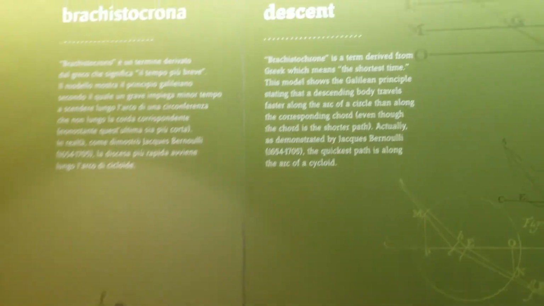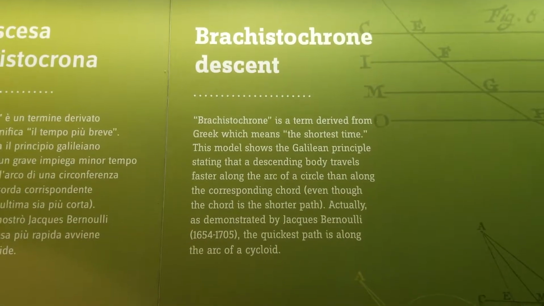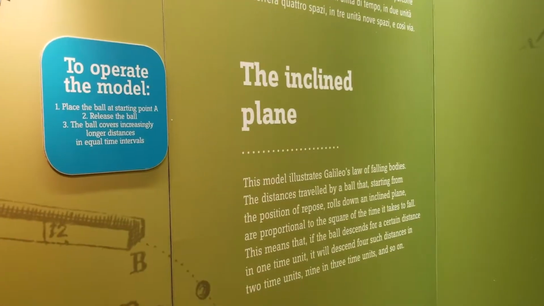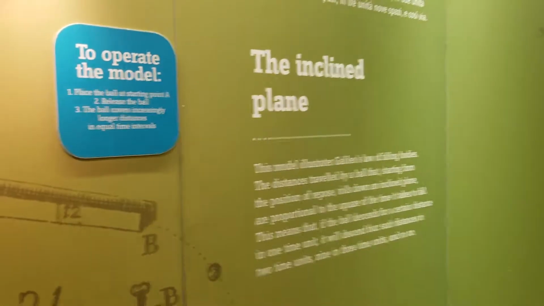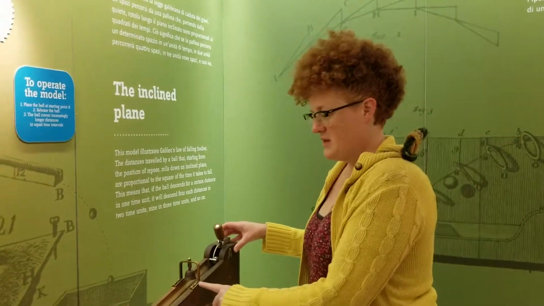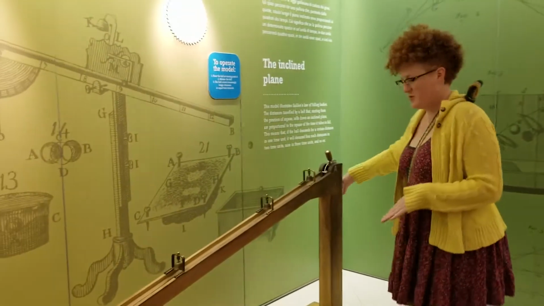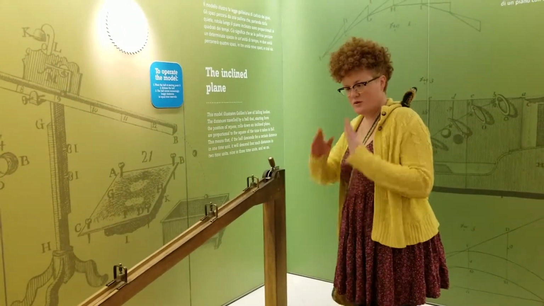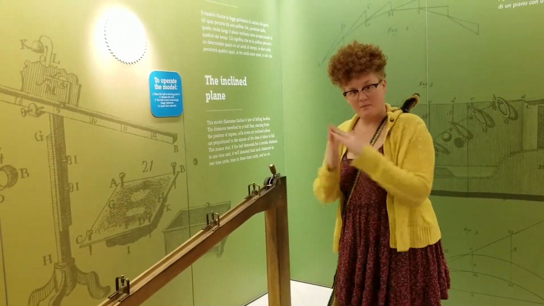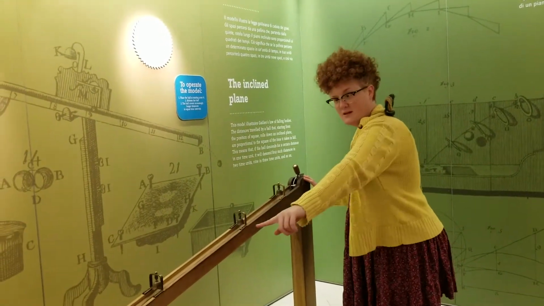So we were demonstrating this. Okay, now we're gonna demonstrate how this distance between each of these demonstrates acceleration. So usually there's a pendulum on this side, so it shows you each time to keep the time. But this ball will roll down and pick up speed as it goes.